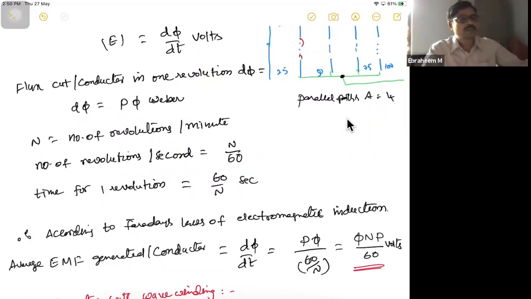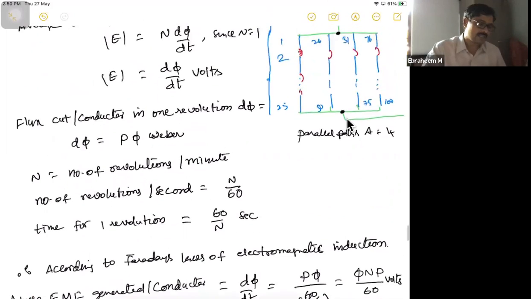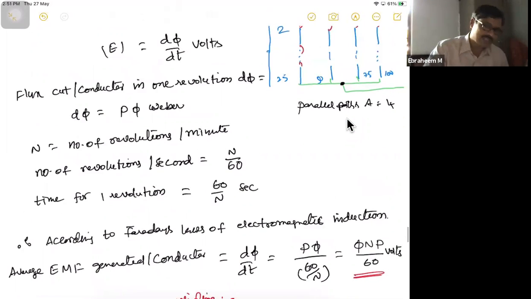Next we proceeded to calculate dt. Because d phi is the flux cut by the conductor, dt is the time for one revolution, which is of our interest.